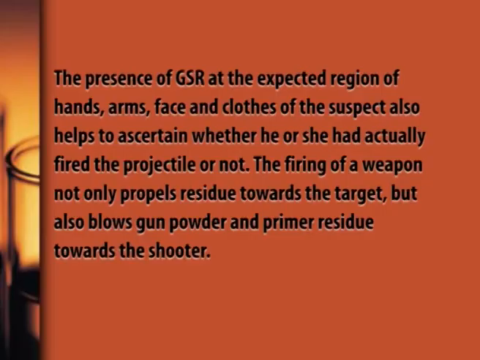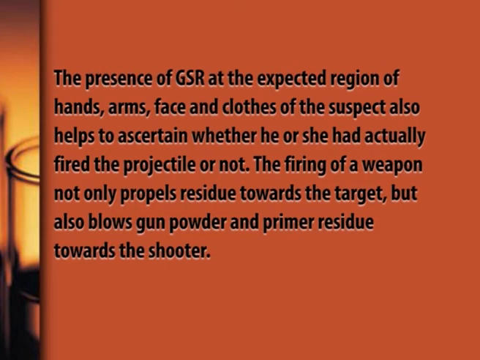Their location, testing and identification plays a very important part in investigative trials, while absence of GSR can also give significant information. The presence of GSR at the expected region of hand, arms, face, clothes of the suspect also helps to ascertain whether he or she had actually fired the projectile or not.